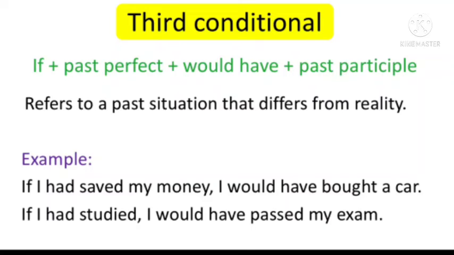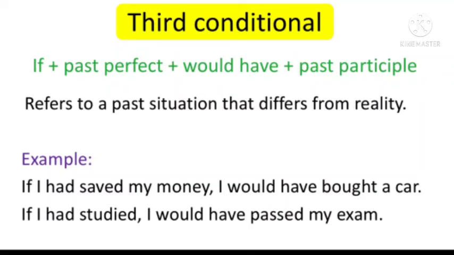Moving to the third conditional. The third conditional should come like this. The if clause must be in past perfect and the main clause must be in future perfect in the past, which means would plus have plus past participle, should plus have plus past participle, could plus have plus past participle, and might plus have plus past participle.